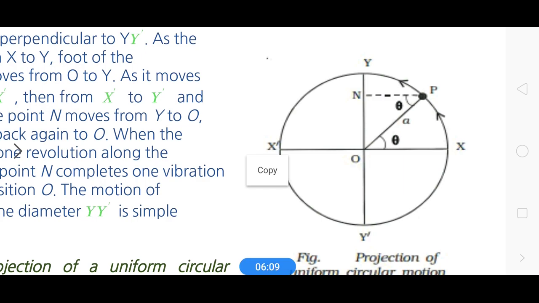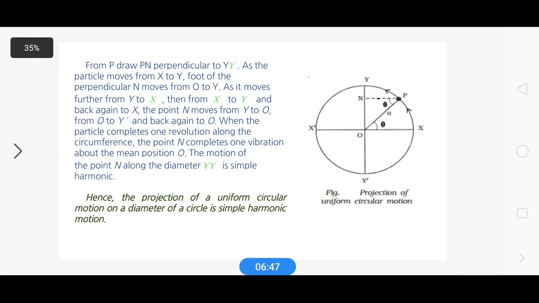That means one complete rotation. During this one complete rotation, the foot of the perpendicular moves from O to Y, Y to O, O to Y dash, and Y dash to O, which is one complete oscillation. As the particle makes one complete rotation, the foot of the perpendicular completes one oscillation.